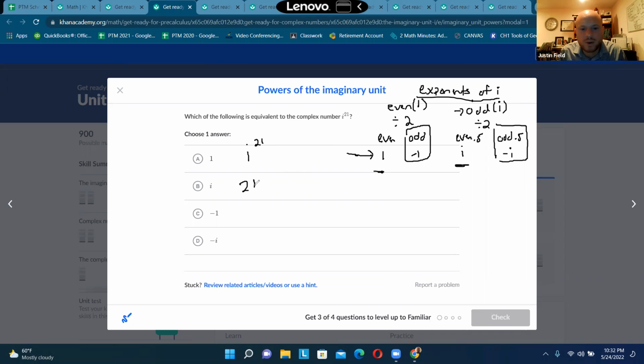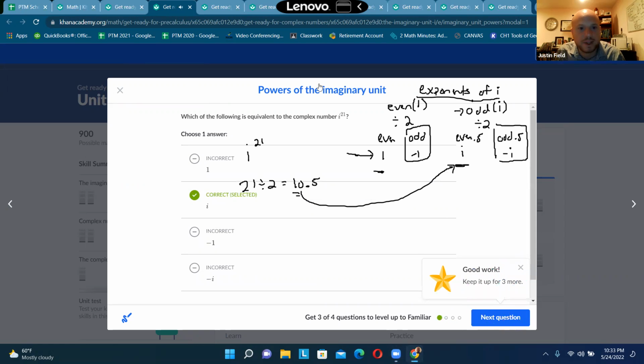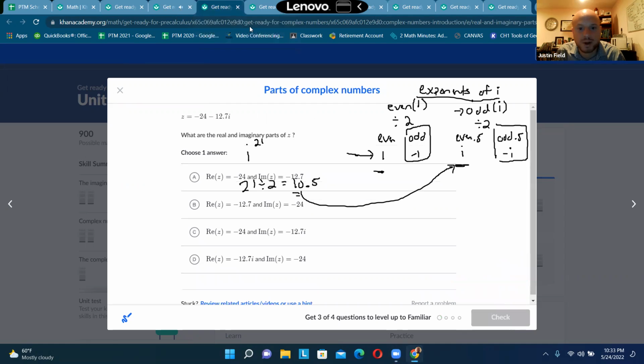And if you divide 21 by 2, you get 10.5, and 10 is an even number. So that brings us to i. So let's pick i. All right. So that'll get you started with the powers of i.